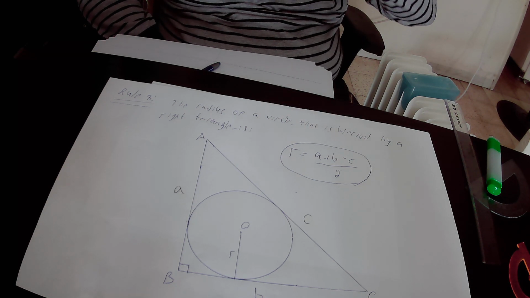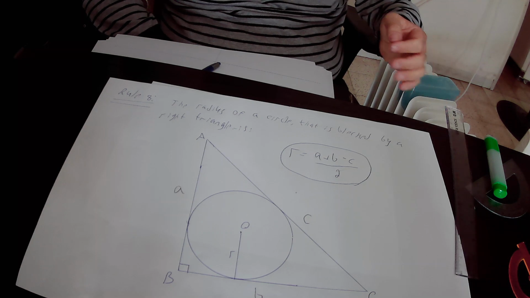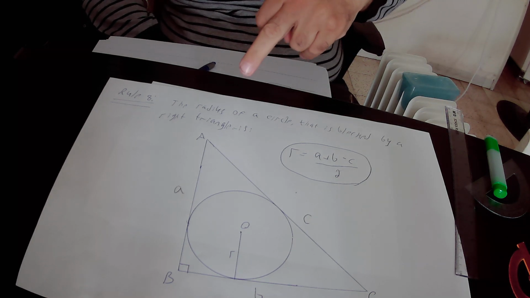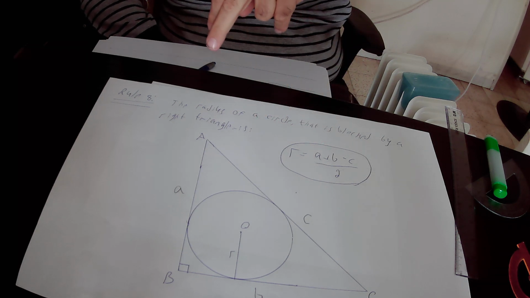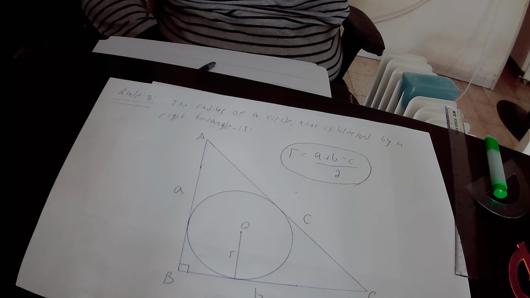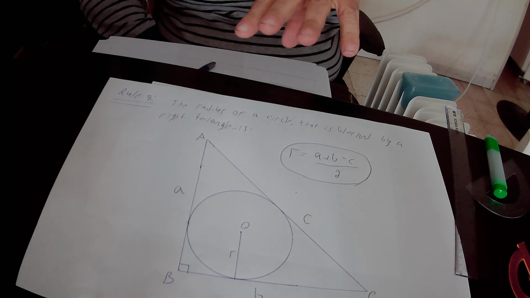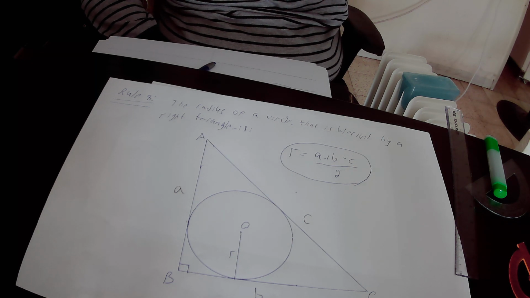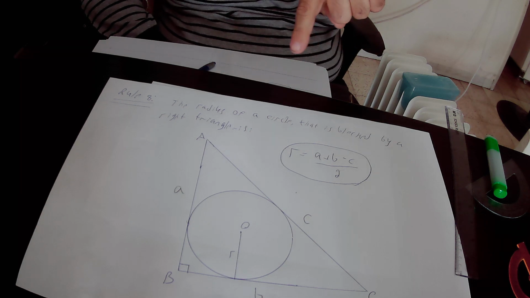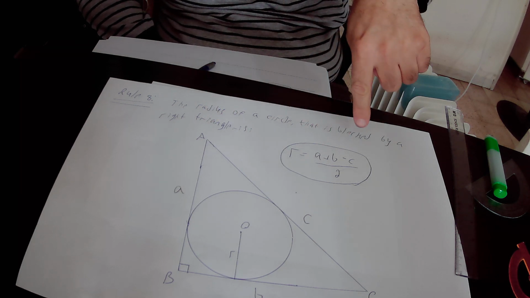Actually, the meaning of rule number 8 is that we can know the value of the radius of a circle that is blocked by a right triangle only by knowing the side length of the right triangle. That is to say, the radius will be equal to A plus B minus C over 2.